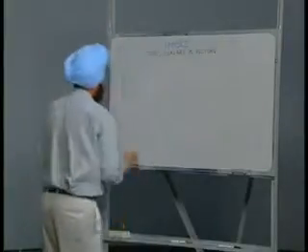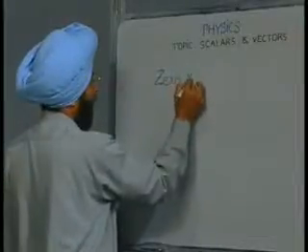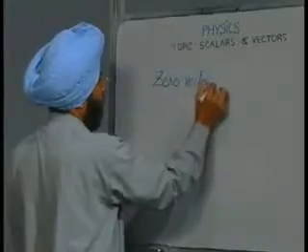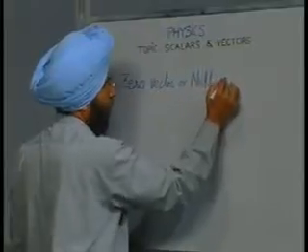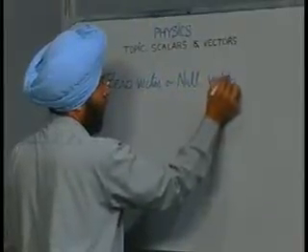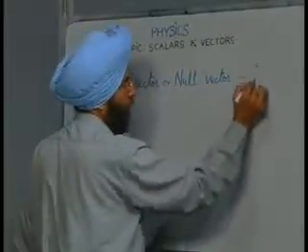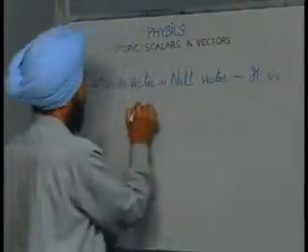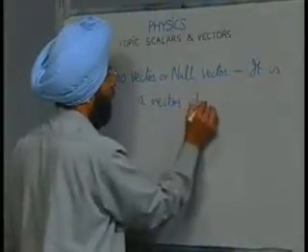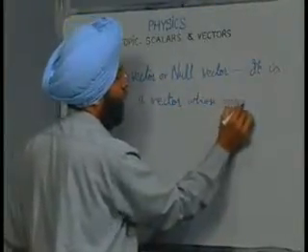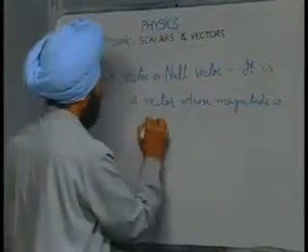Zero vector or null vector. It is a vector whose magnitude is zero.